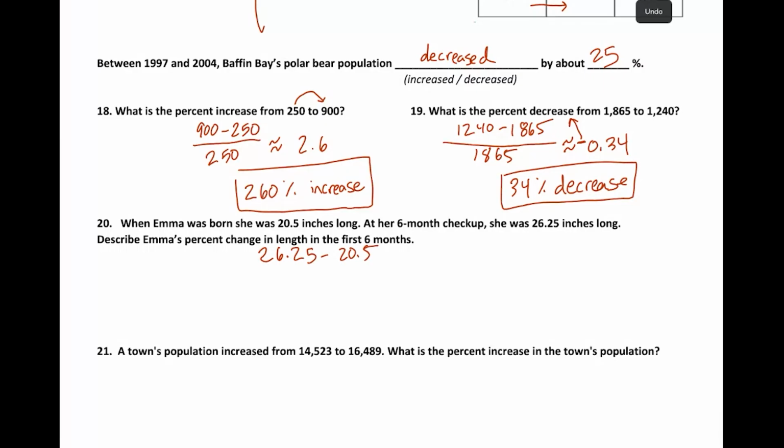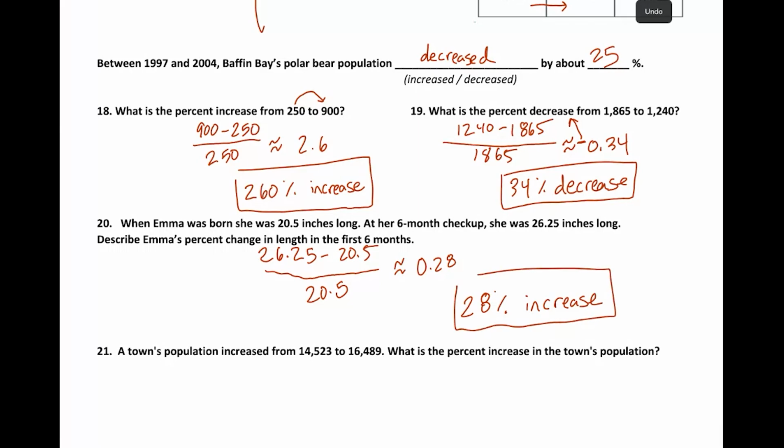So that's going to give us our numerical change. And we'll divide that by the original amount, 20.5. Type that in your calculator, you get about 0.28, which is about 28%. And since that number is positive, we're going to call that an increase, which makes sense because the height went up.